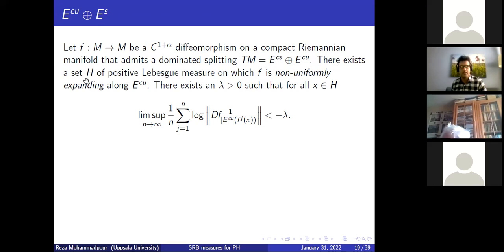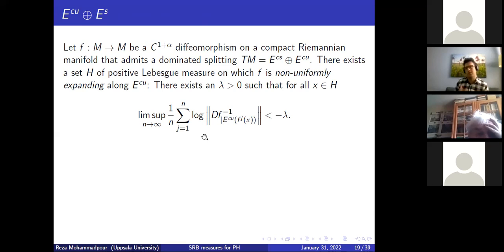There exists a set H of positive Lebesgue measure on which f is non-uniformly expanding along E^CU if there exists a constant lambda greater than 0 such that for all x belonging to H, we have this inequality.